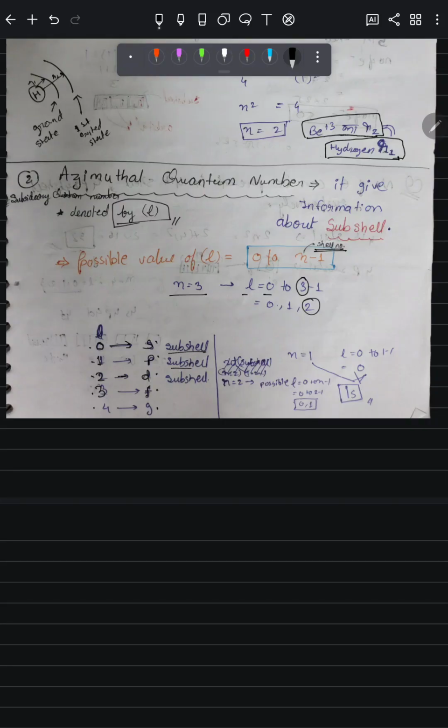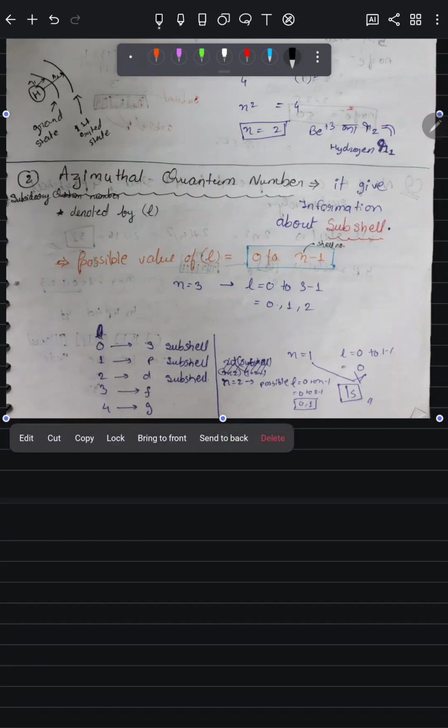S subshell, P subshell, D subshell. Let's take an example: if n is equal to 1, then L is equal to n minus 1, which is equal to 0. So we know that in the first shell, only 1s is possible.